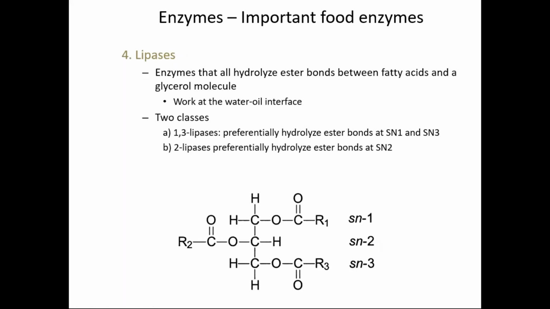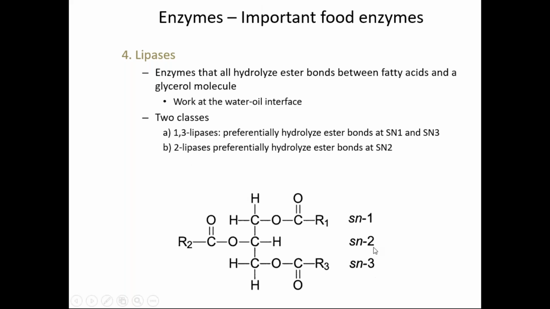Lipases, again, are the ones which hydrolyze the ester bond of triacylglycerols. Some lipases are used to produce different flavors, like the butter flavor and different flavors required in the food industry, which depend on the fatty acid composition.